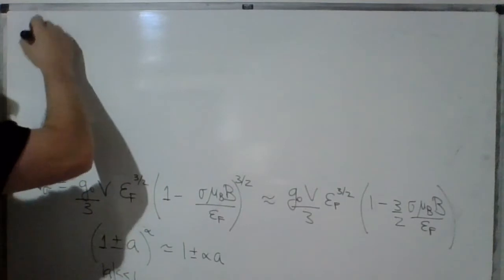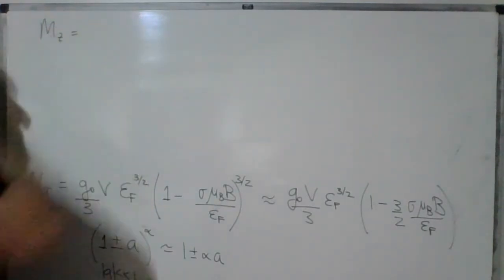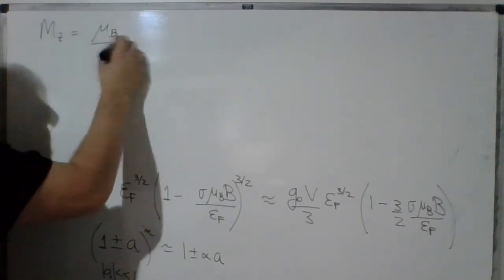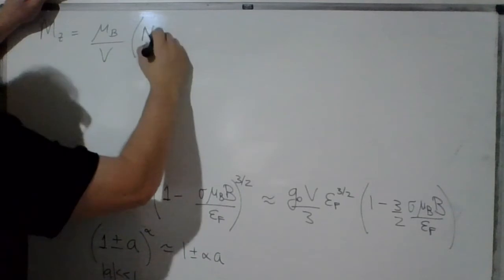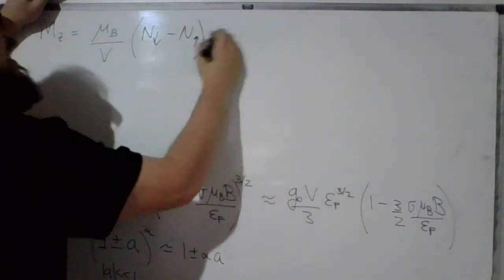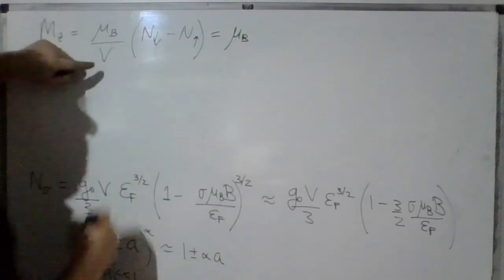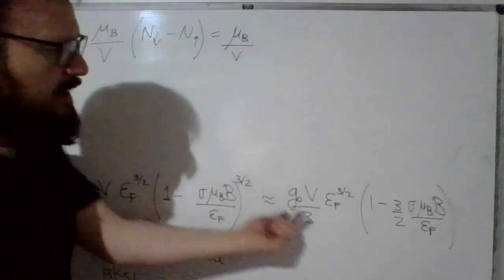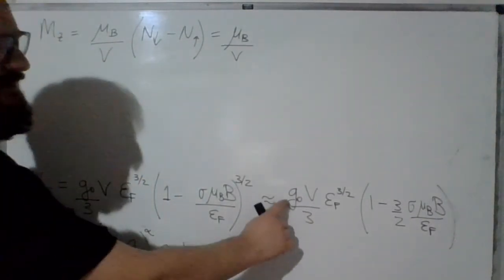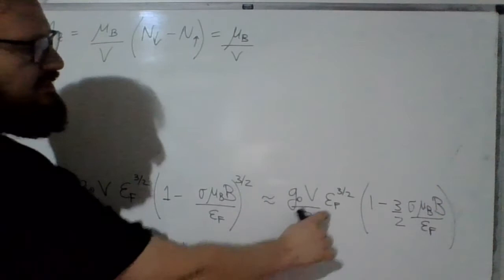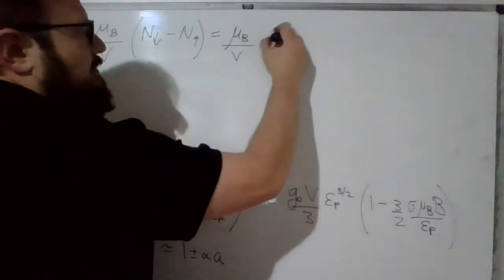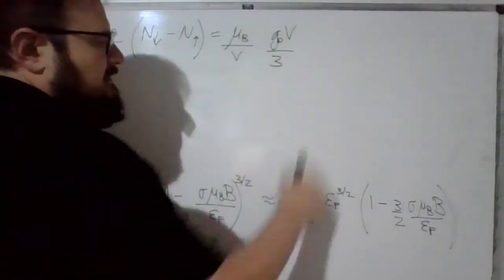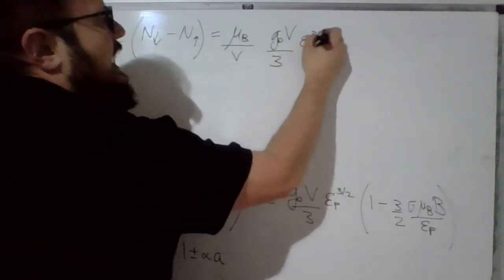So now we want to calculate the magnetization in the z direction, and we have to calculate the Bohr Magneton divided by volume, the down spins minus the up spins. We have a Bohr Magneton coming from the definition of magnetization divided by volume. And here, what is constant independent of spin? G0 V over 3, Fermi level. So G0 times V divided by this factor of 3, the Fermi level to the 3 halves.